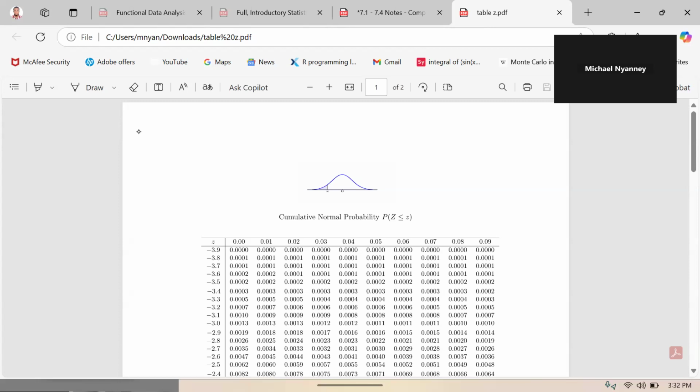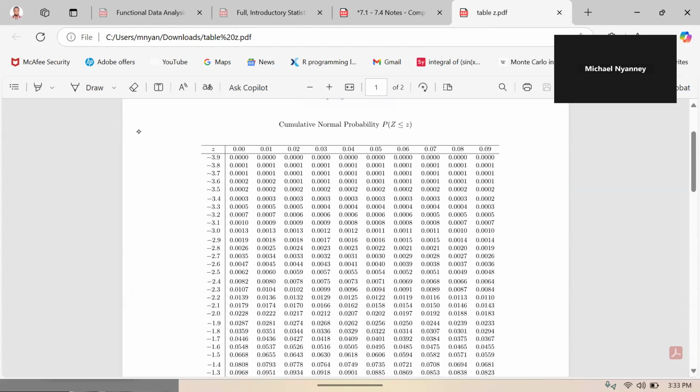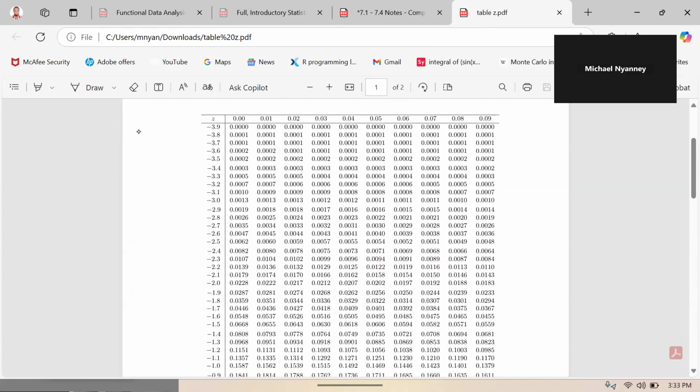Okay, so we locate 0.025. So this is the 0.025 as we see. Then what to do is that you trace it back.